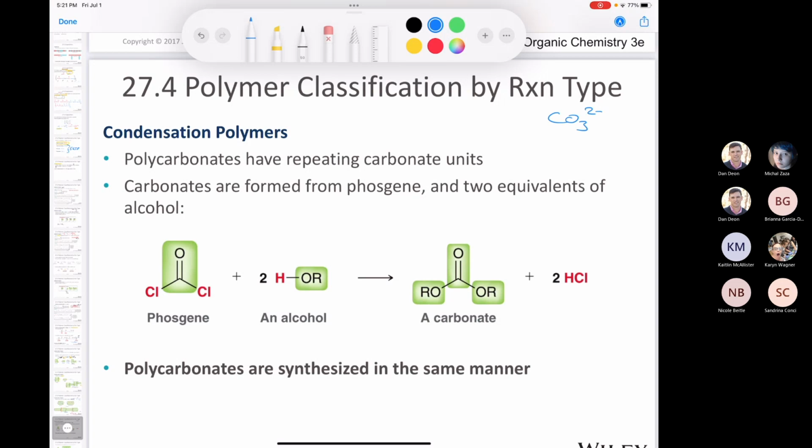So, you know, the Lewis structure of carbonate is a carbon with a double bond, and then you've got 2 bonds to oxygens with minus charges. So if you get rid of those negative charges, and then you put 2 R groups on the oxygens like that, that's an organic carbonate. So there you go. I think it's the last functional group that you'll learn in organic chemistry.